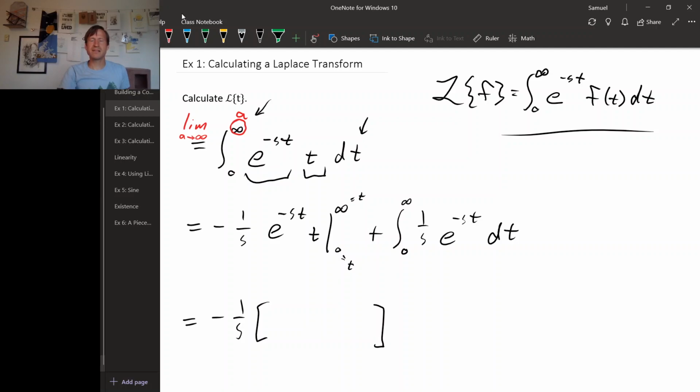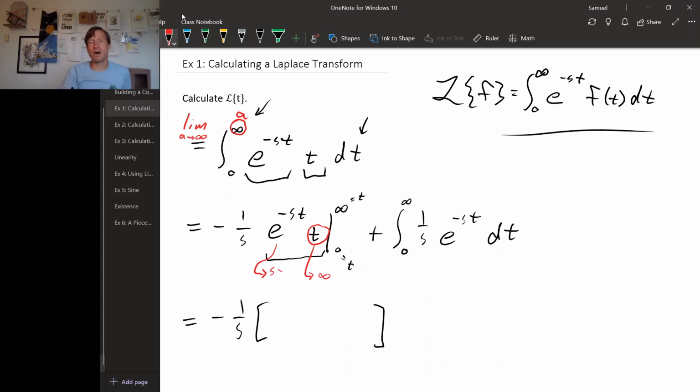Now, to evaluate at these bounds, remember the bound for infinity is really a limit as t goes to infinity. So what we need to ask ourselves is, what does this function do as t goes to infinity? Well, this t part goes to infinity. As for this exponential part, whether it goes to infinity or to 0 depends on what s is.